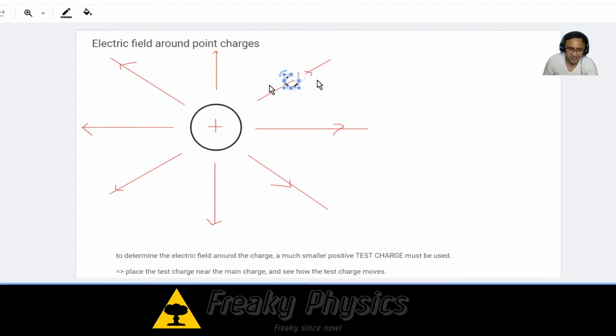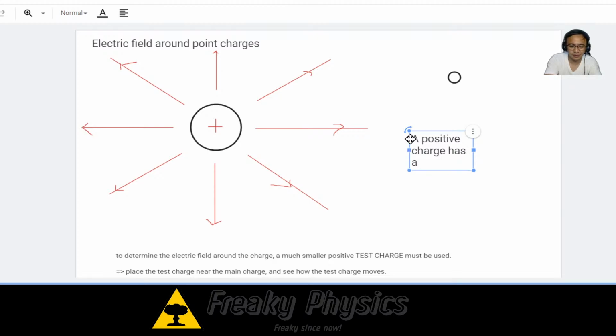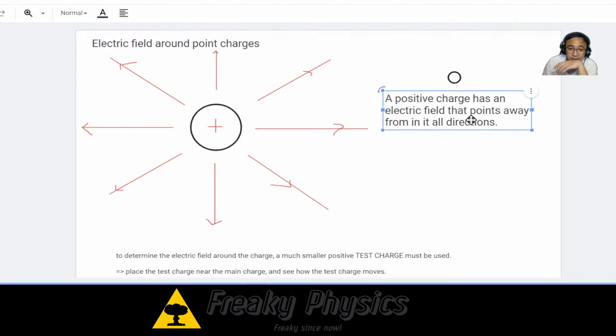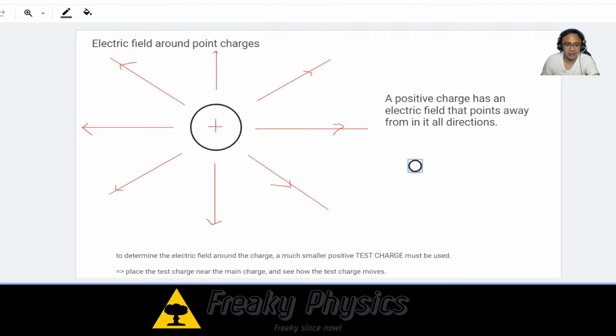So in this case, a positive charge has an electric field that points away from it in all directions. That's the first thing we need here.